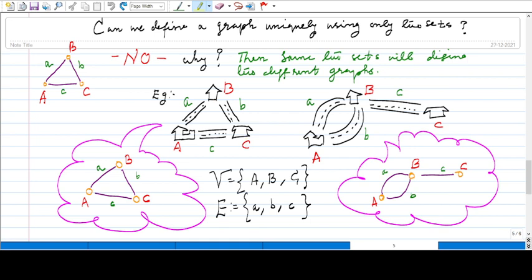Both are different diagrams, both are different graphs. But we will study more about the difference later. For the time being, this understanding is sufficient. So we have seen that just having a vertex set and an edge set, it is not possible to define a graph uniquely.